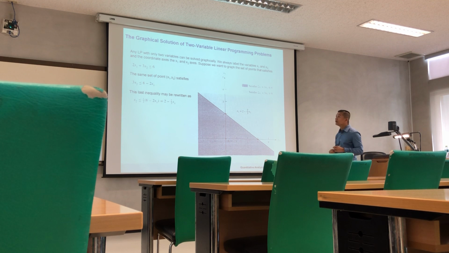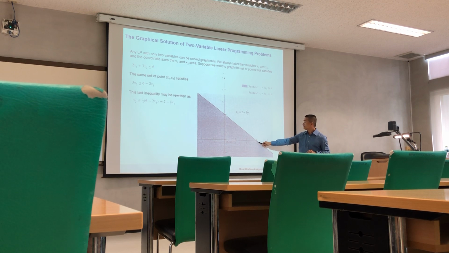For example, if you look at this point here, exactly on this line, (3, 0), if you plug in that value, 3 and 0, what value would it give you? 2x1 plus 3x2 gives you exactly 6.